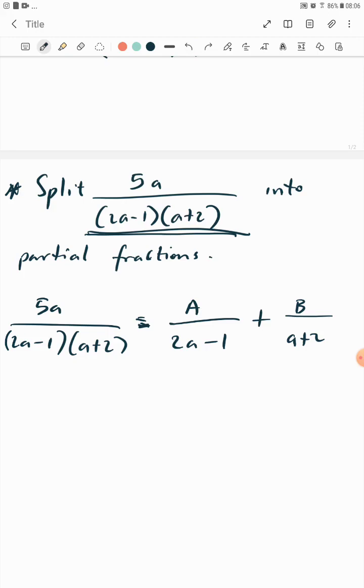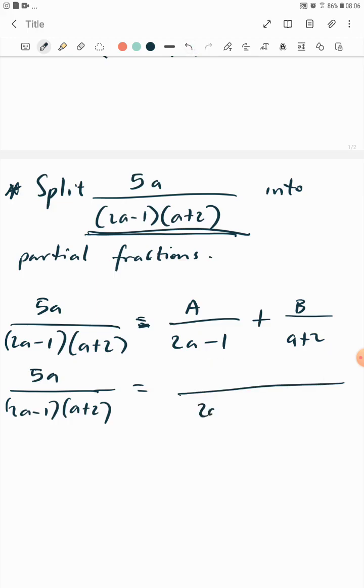So let's try that. I will still say I have 5a over (2a minus 1)(a plus 2) equals, if I find the LCM, it will give me (2a minus 1)(a plus 2).